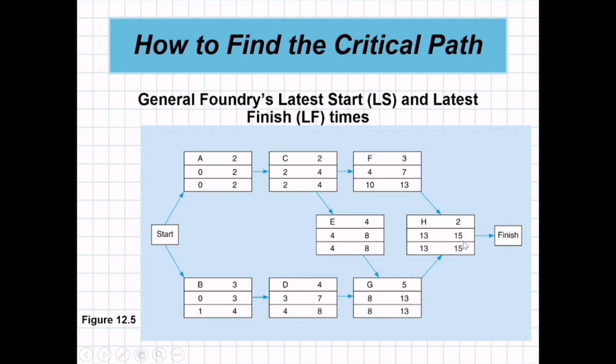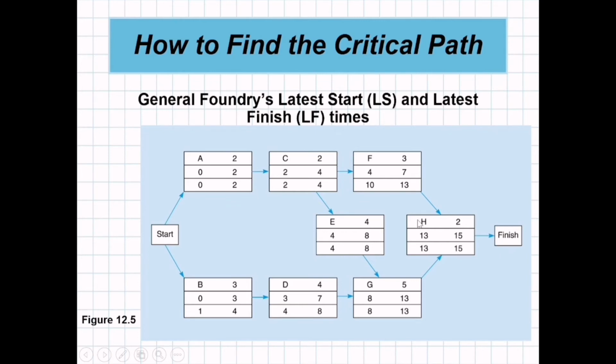Our latest finish minus the time, which is 2, will become our latest start. So for H, 15 minus 2 is 13.